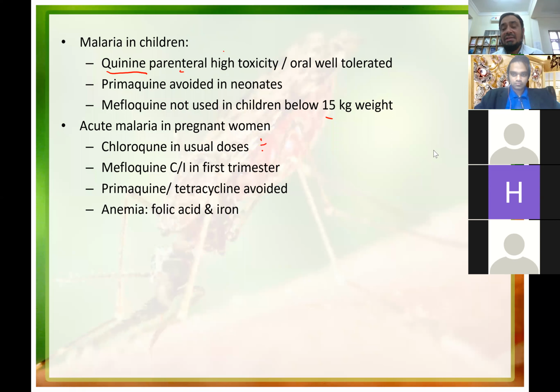So overall, this is a very important topic, and maybe in the next class, whichever is there in the next month, in September, I will take a 50 marks MCQ test for you on antimalarials and immunosuppressant drugs, which I will deal with in the next class.